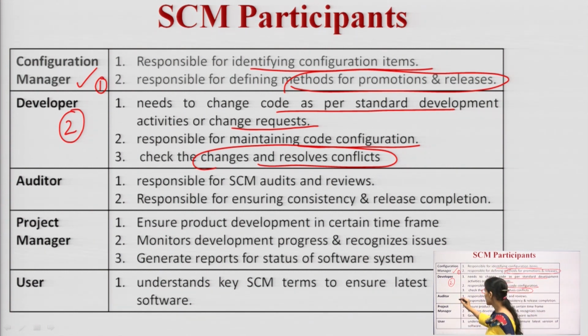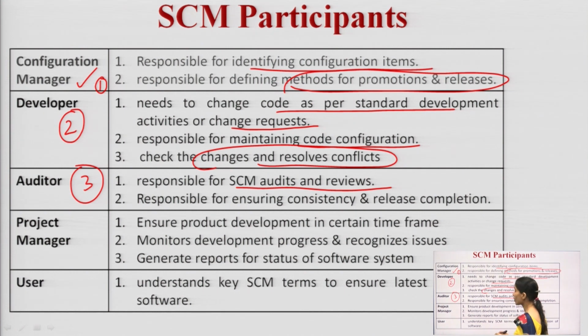Then the third participant is the auditor. The auditor is responsible for conducting the SCM audit and reviews as the last activity of my SCM process. And he is also responsible for ensuring the consistency and the release completion as per standards.